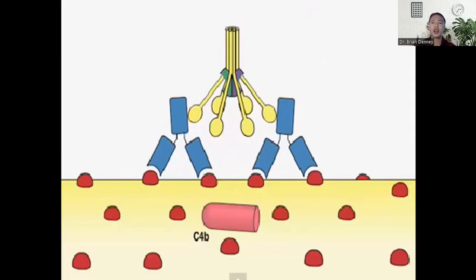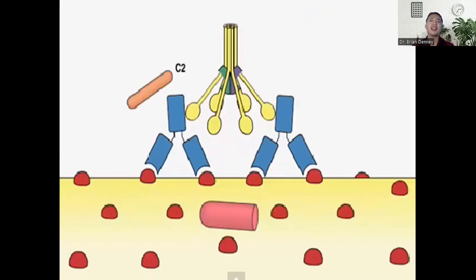Correct. Your C2. Can you call now C2? Say C2. Very good. C2 is ready to participate now in the cascade. Is it? Not yet. Your C2 must be activated first by your C4B component for it to be able to participate in the cascade.